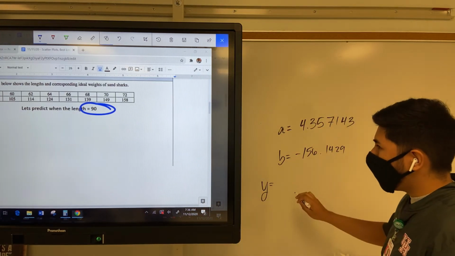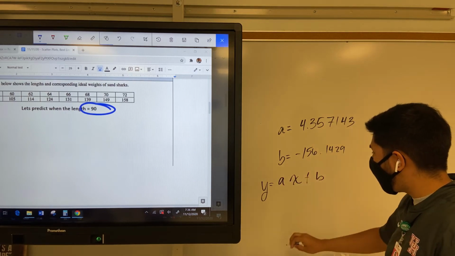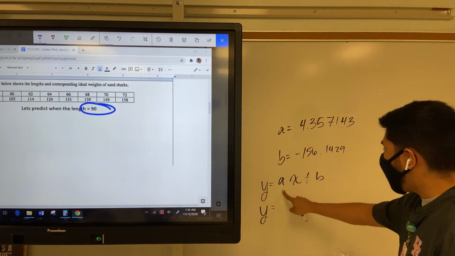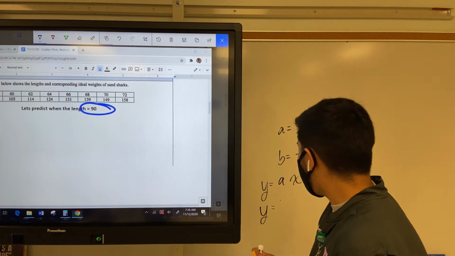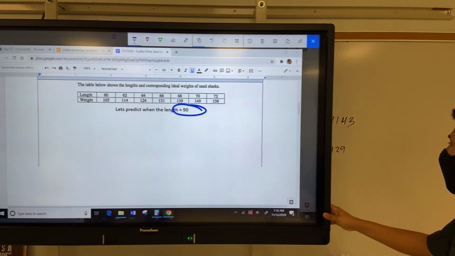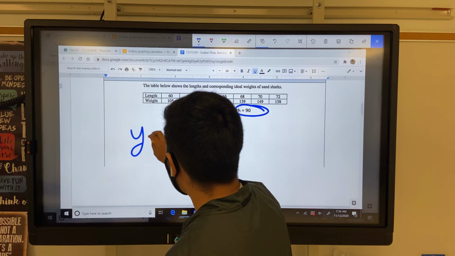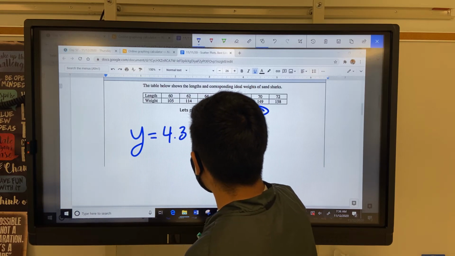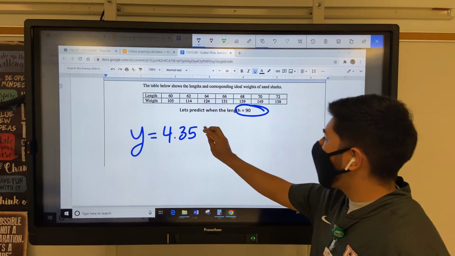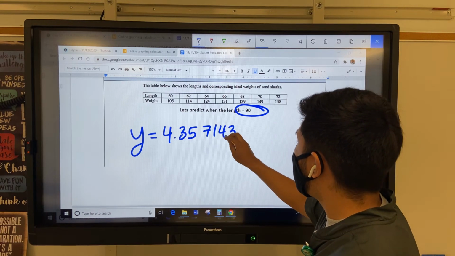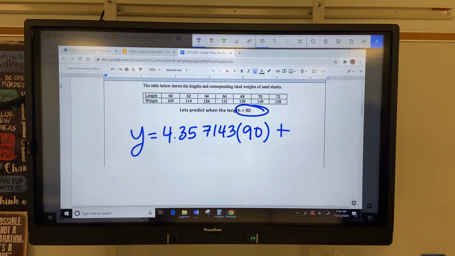So y equals ax plus b. Y equals my a value, 4.35. Or let me write it over here so we can see it better. 4.35, 71.43, parentheses that 90, plus that other number.